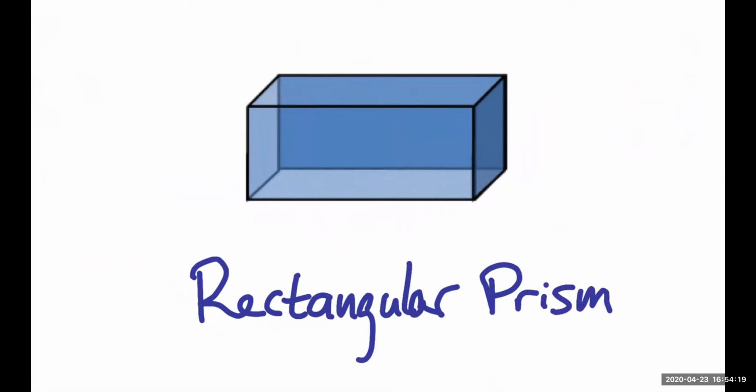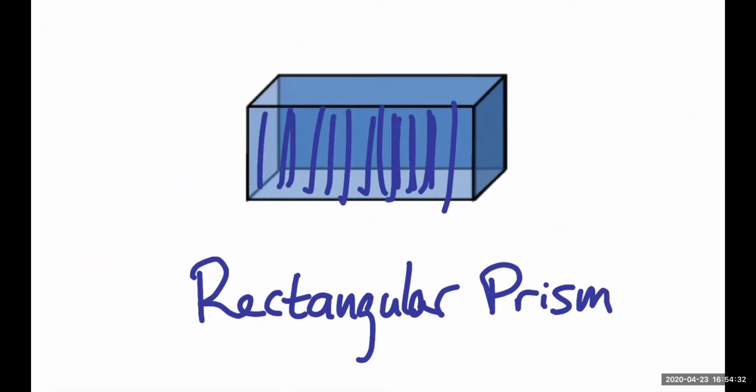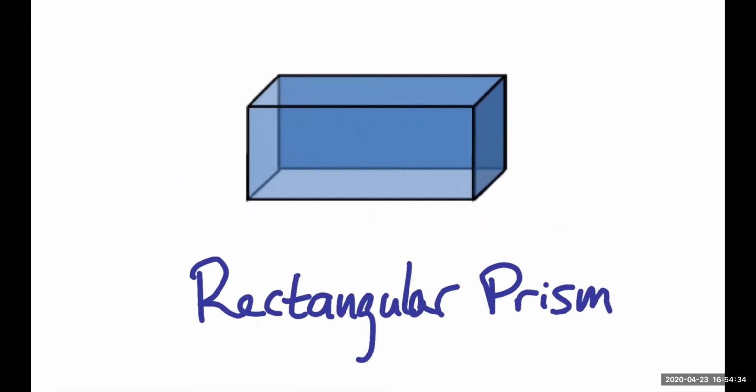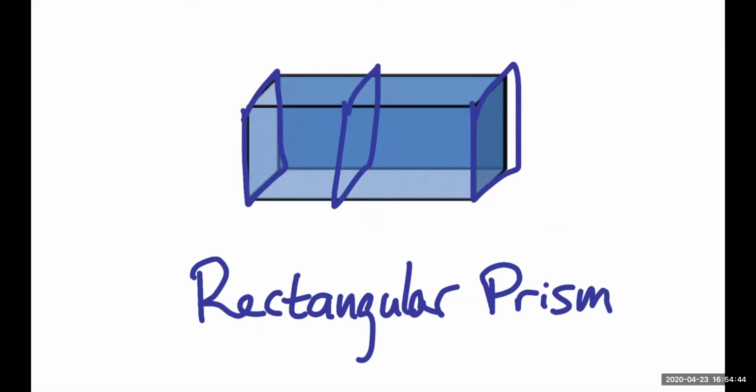All right, and a prism really just means that we've got a base, right? So we've got a rectangle on this side, and then that rectangle gets stacked and stacked all the way down, and it ends with a congruent base on the other side, right? So our two rectangles here and there, those two rectangles are congruent, and every cross section in between is congruent, right? That's how we're defining prism here.